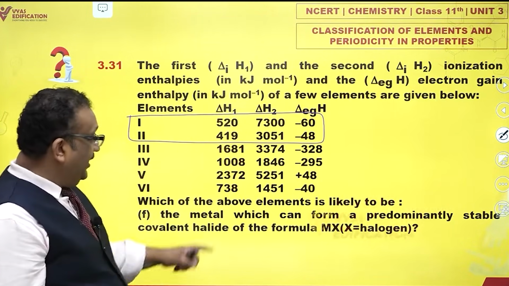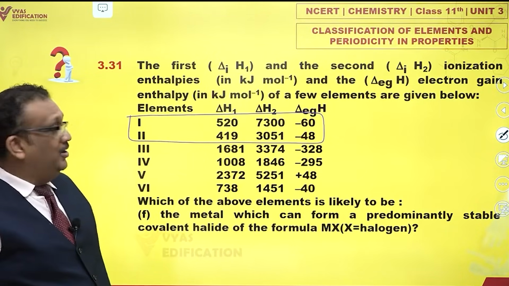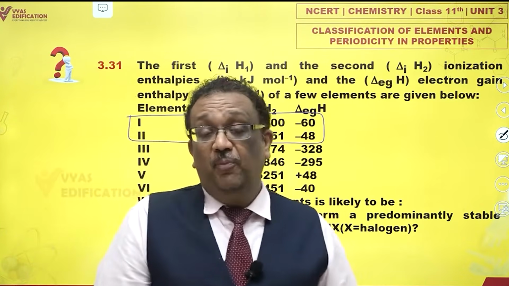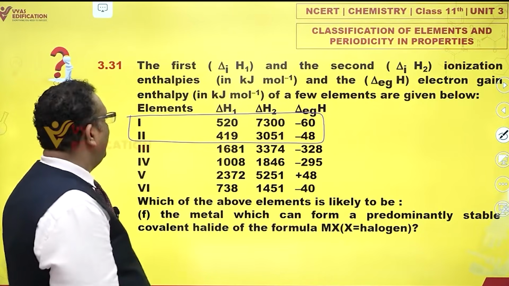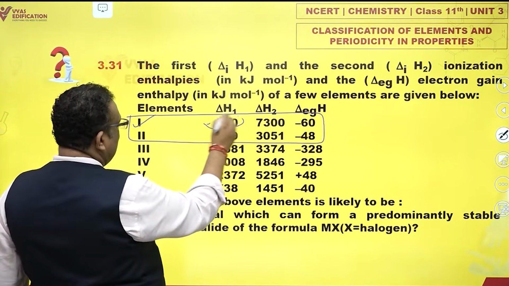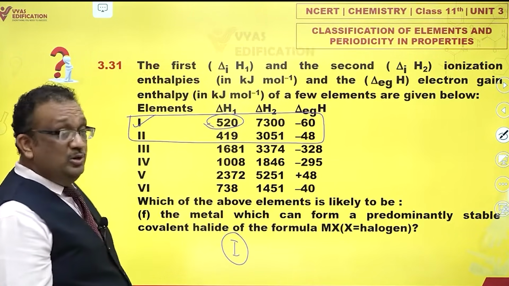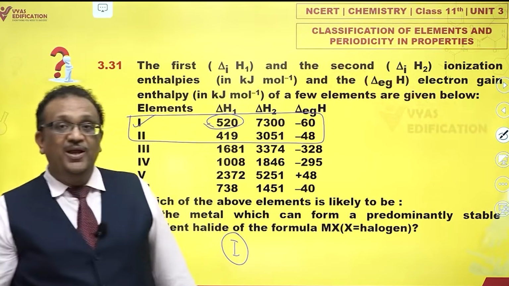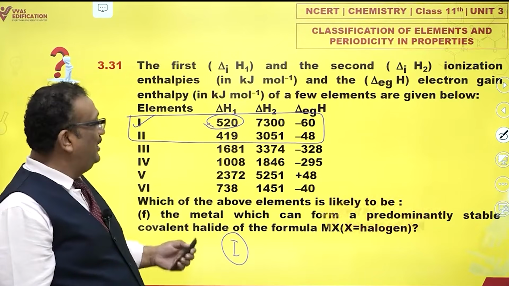Now, to form a covalent halide, it must have more polarizing power, and more polarizing power means higher ionization energy. Now, 1 seems to have the higher ionization energy. That means more polarizing power and a more covalent compound. So the best answer would be 1 in this case. Very instructive, beautiful question, deeply conceptual.